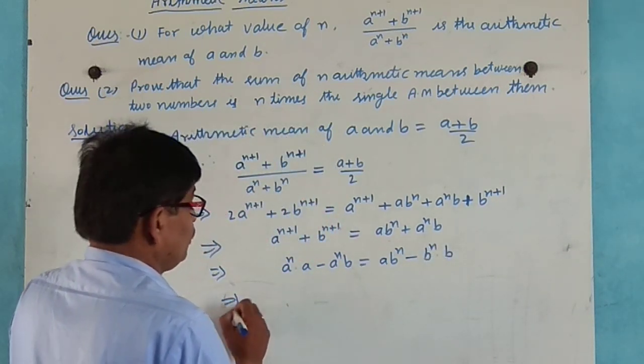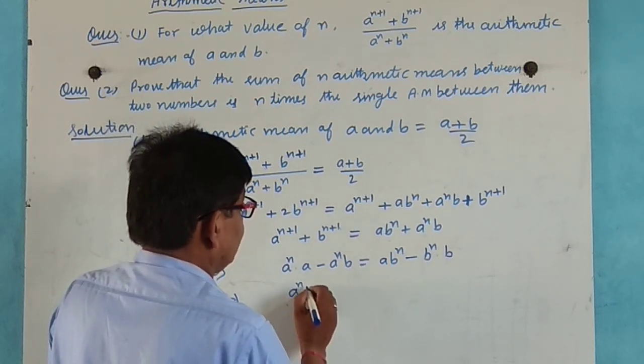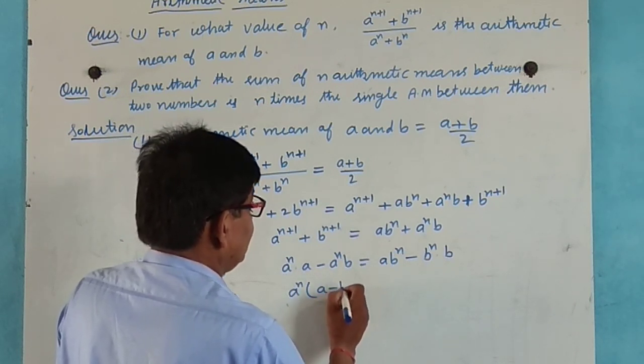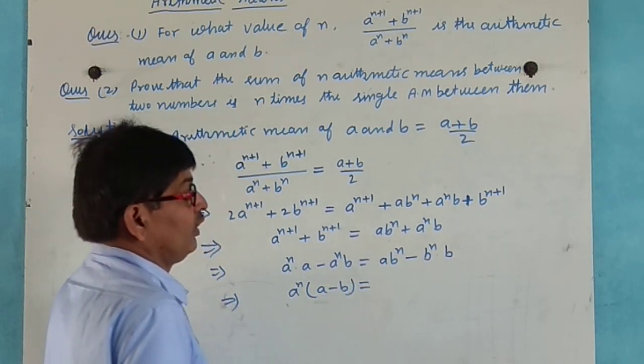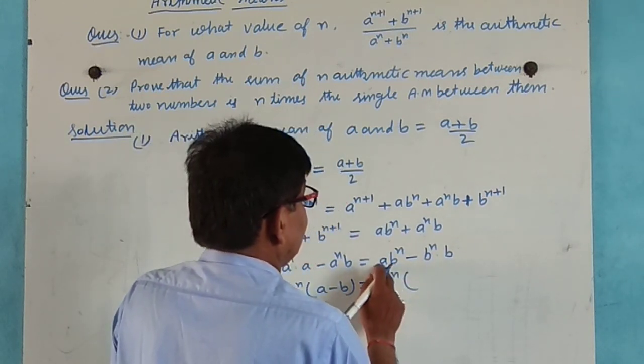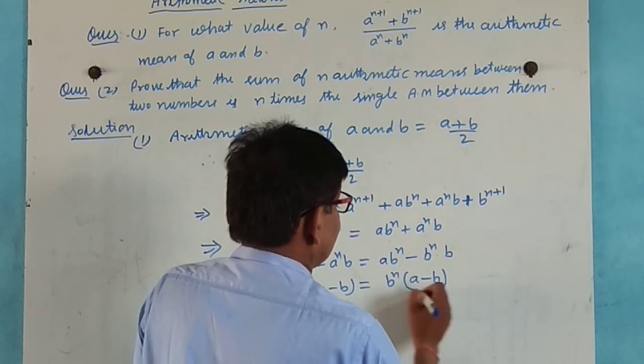Now we take common a to the power n here into a minus b, and here also b to the power n into a minus b.